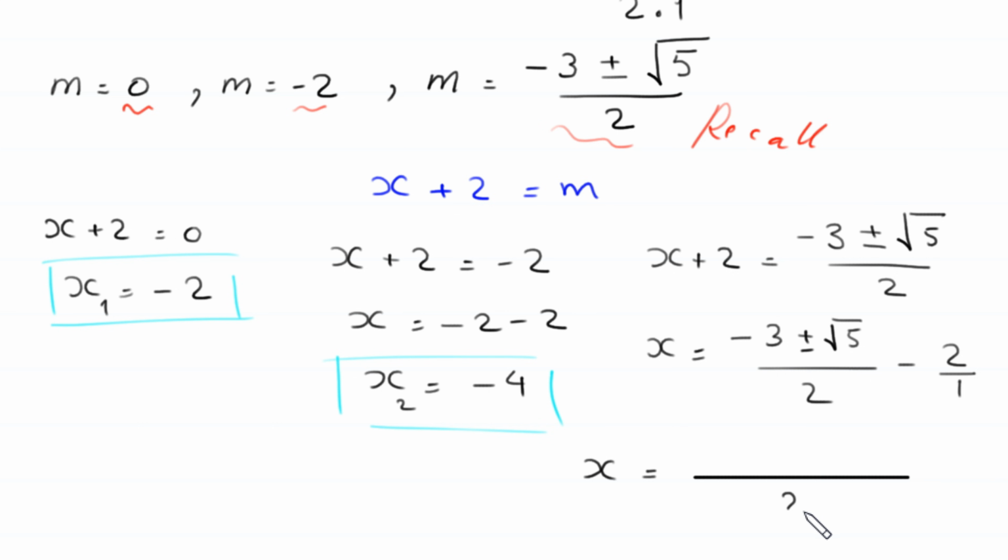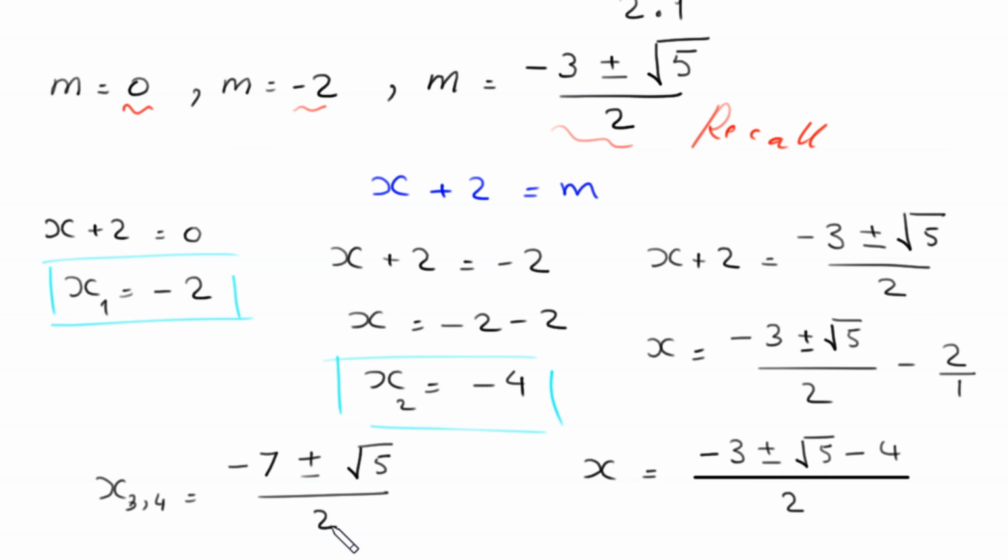The LCM is 2, and 2 divided by 1 times negative 3 plus minus root 5, minus 2 divided by 1 times 2, is 4. So the third and fourth values of x are negative 3 plus negative 4, which becomes negative 7, plus minus root 5, divided by 2. So these are the four solutions of this equation.